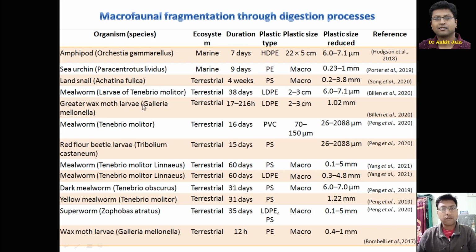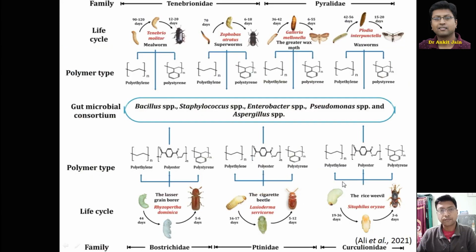Experimentally, these are different invertebrates. They are found in marine and terrestrial ecosystems. In the given duration, different types of microplastics are degraded from this size to this size, and different families are involved like Tenebrionidae, then Pyralidae, then Bostricidae, then Tinidae, and Circulinidae.